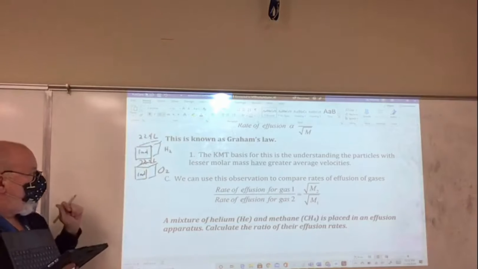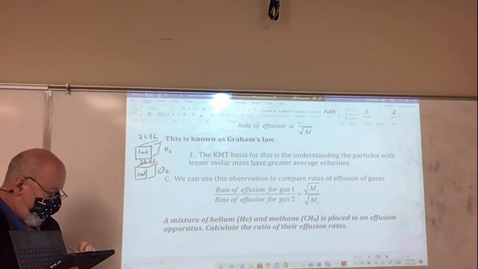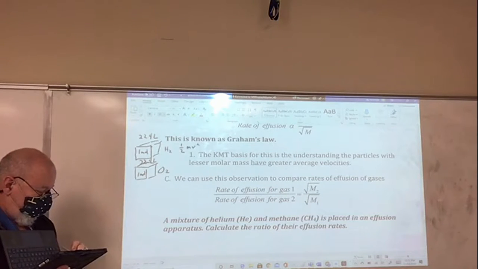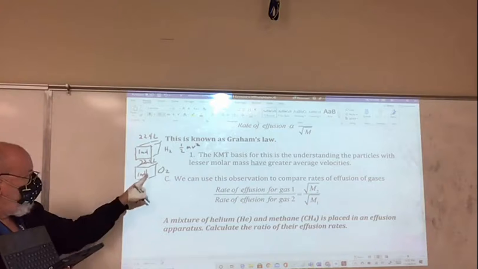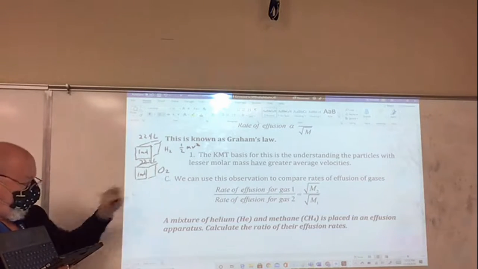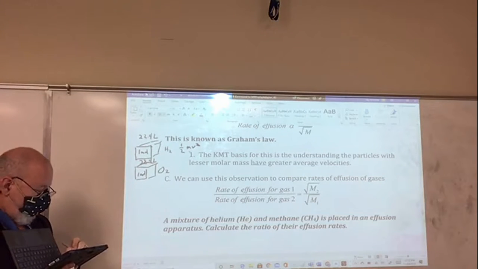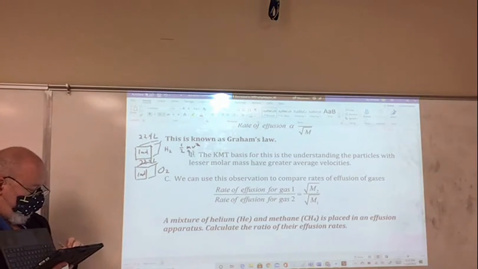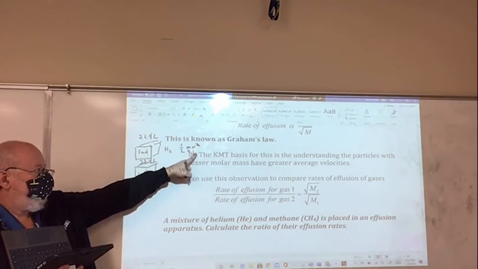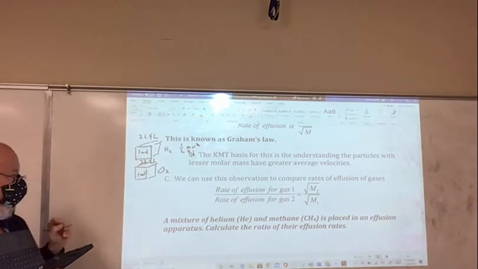Right? And we said that that was because of this relationship of kinetic energy, or 1/2 mv squared. If I have a greater mass, and oxygen is going to have a greater mass, I have a lesser velocity. So if I increase the mass, I'm going to decrease the velocity, right?